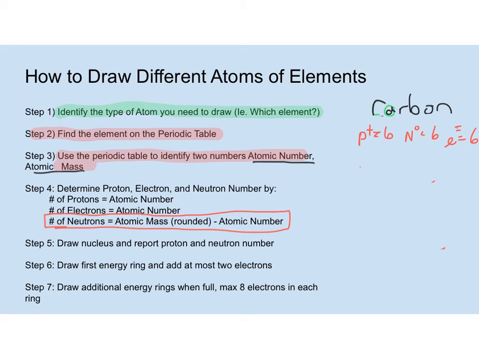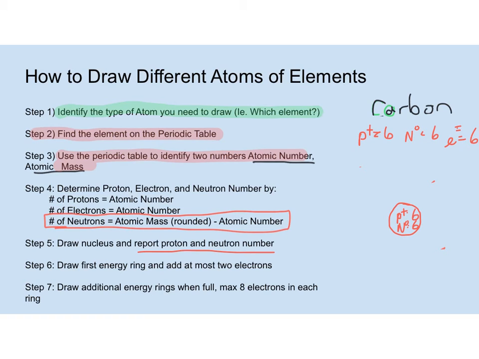Draw the nucleus. So we're going to draw a nucleus, and that's just a small circle, and that's not an energy ring. That's the nucleus. So draw the nucleus and report proton and neutron number. I'm going to put P positive equals 6, and my neutron equals 6.